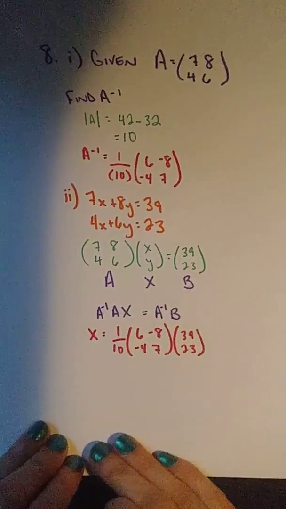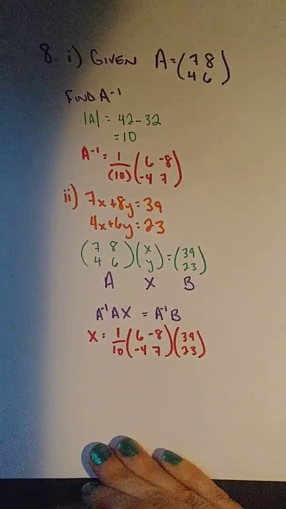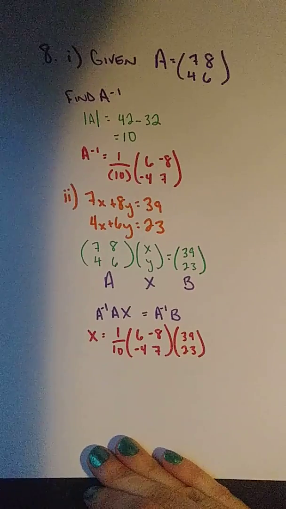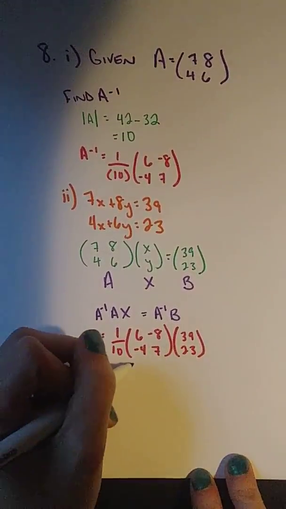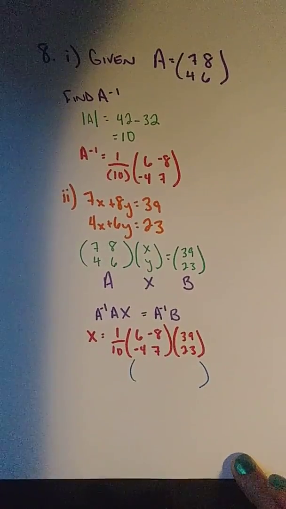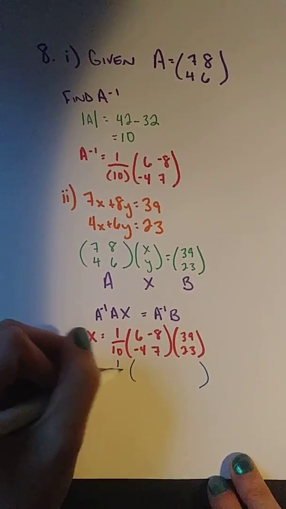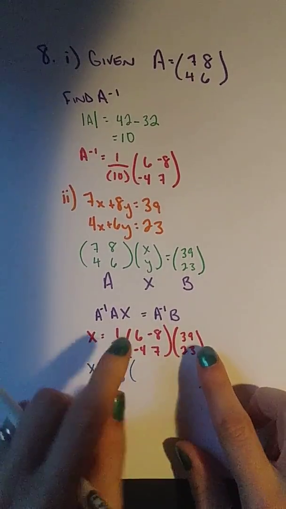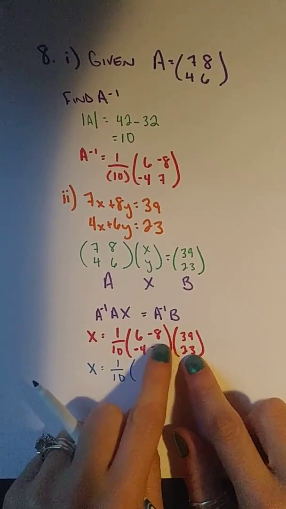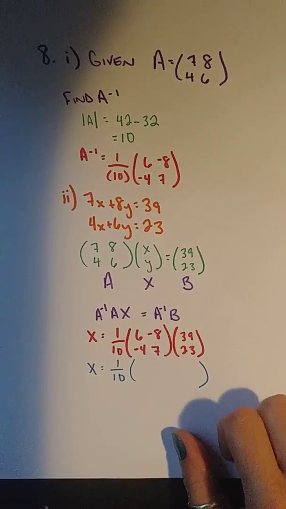All right. Now let's go ahead and multiply this out. So we're going to multiply our matrices together before using our scalar, just in case it's easier. I don't really know. Let's find out. It's up to us which order we want to do this in. So I'm going to multiply these first, and then I'm going to distribute my scalar later.